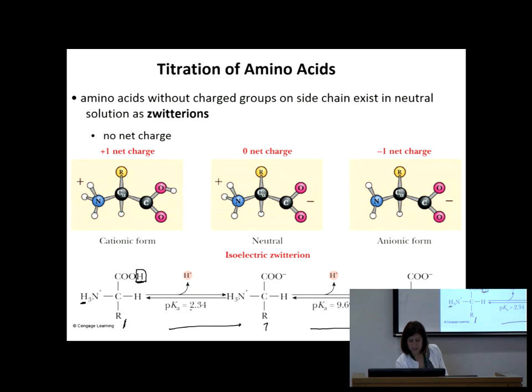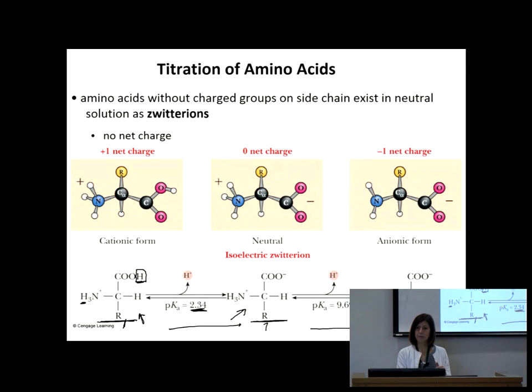So at that pH equal to the pKa, we have half of this form and half of this form. Below this pH, 2.34, we predominantly have that one. Above the pH 2.34, we predominantly have where the proton is off.